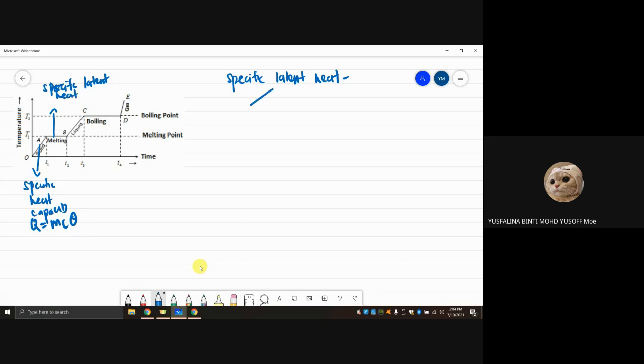The first one is the specific latent heat of fusion, and another one is the specific latent heat of vaporization. Fusion is from solid to liquid or liquid to solid. Vaporization is liquid to gas, or gas to liquid.